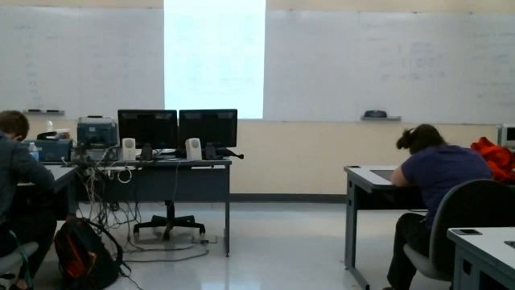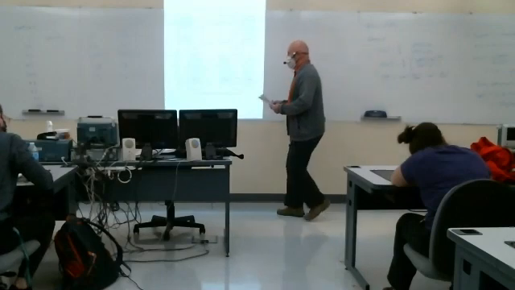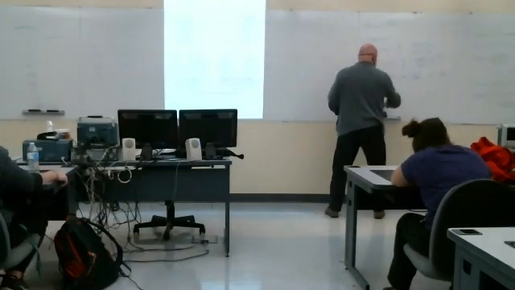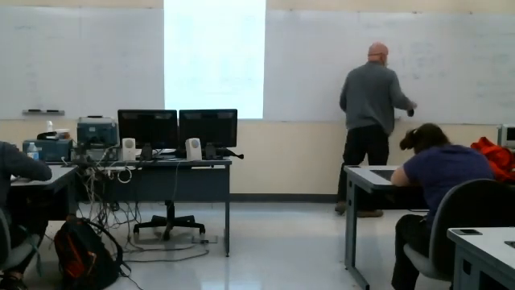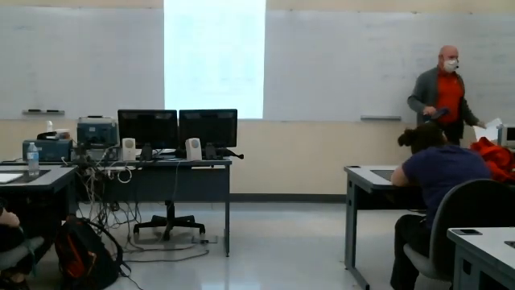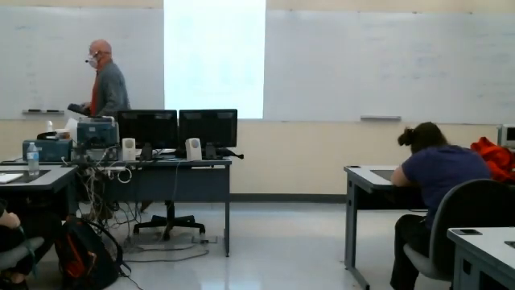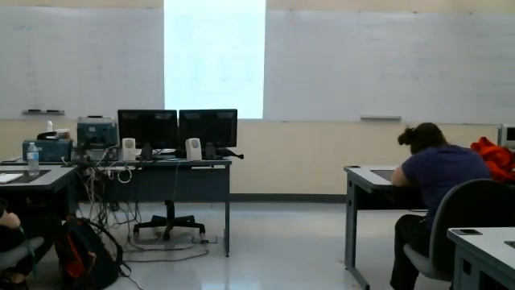But this is the simplest case, and so we're going to tackle it first. So what we're going to do is draw these terms individually, and then graphically add them together. It's not as hard as it may sound.